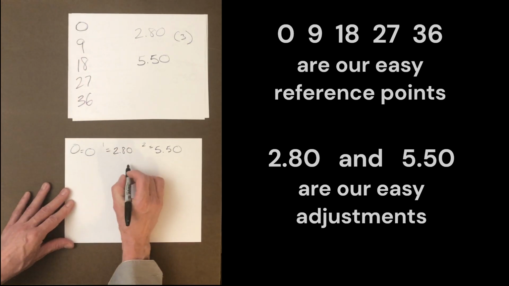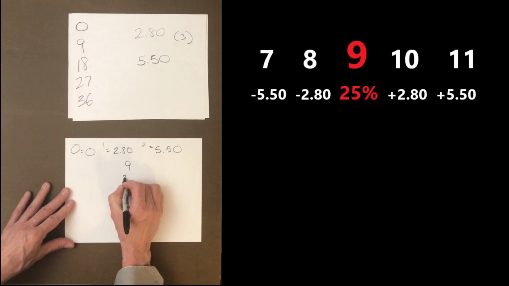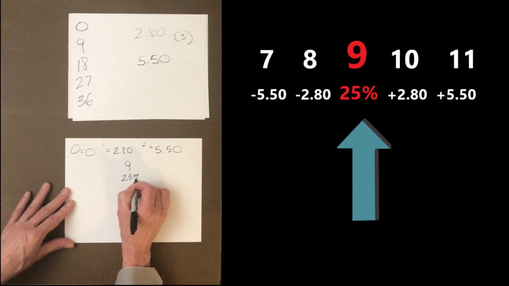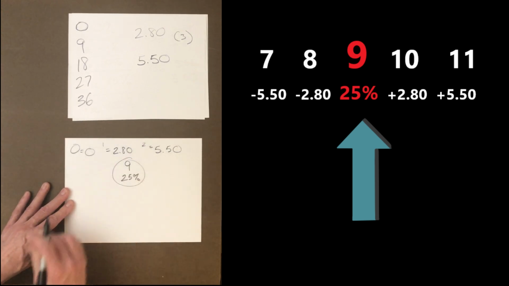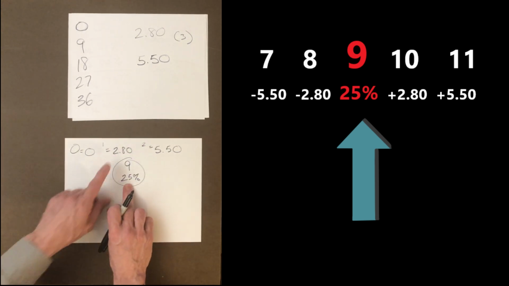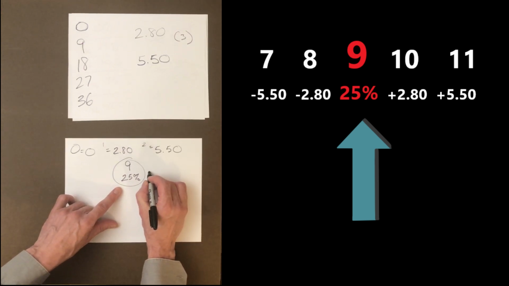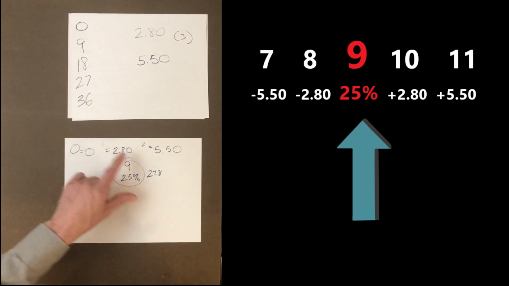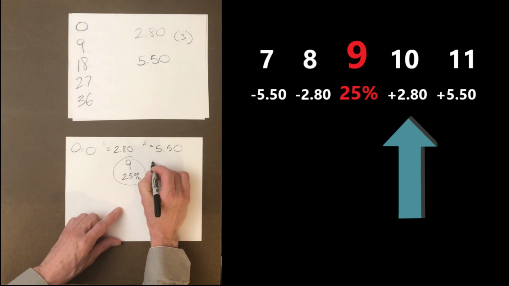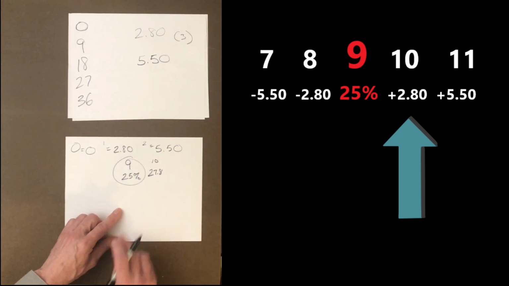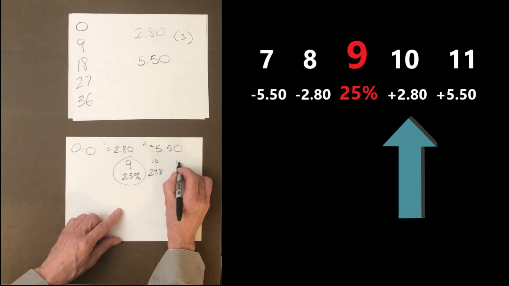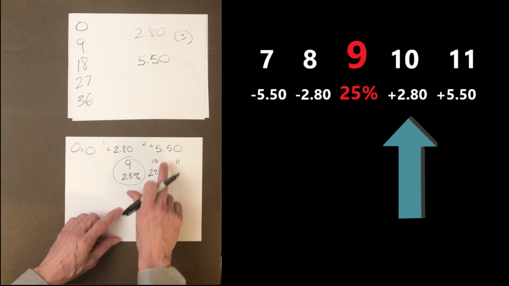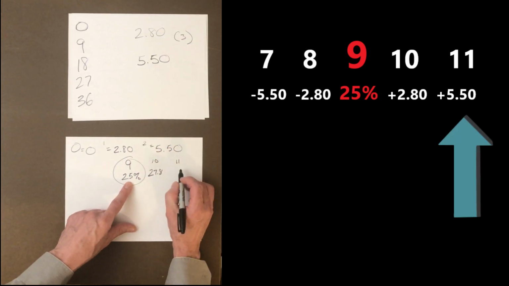We know 9 is 25%. So 1 more than 9, we're just going to add 2.8. 10 is 27.8. 11 out of 36, we're simply going to add the 5.50.